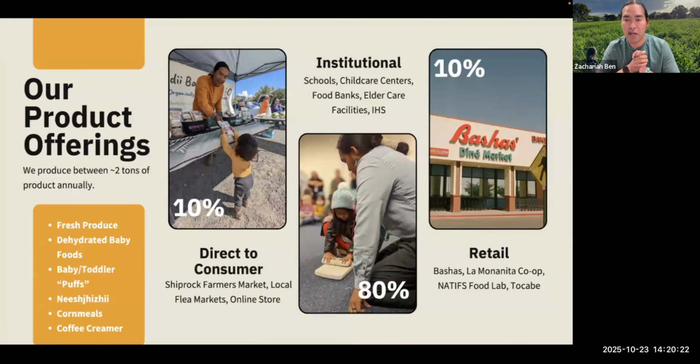About 80% of our sales are institutional, so schools, childcare centers, food banks, elder care facilities, Indian Health Service, and then from there, looking into filling up our 10% with the retail options of Bashe, La Montanita Co-op here in New Mexico, the Natives Food Lab out of Minnesota, Takabe Meals Ready to Eat out of Denver. So those are some of our options here.